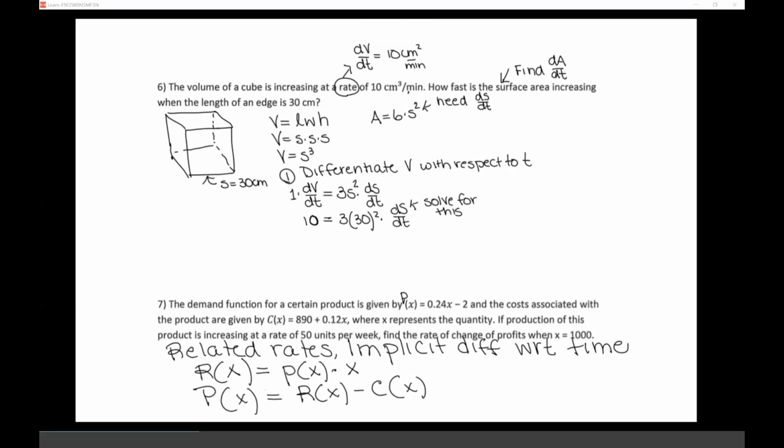So this becomes 10. 30 squared is 900 times 3 is 2700. So 10 divided by 2700 is ds dt. And I think I figured that out.